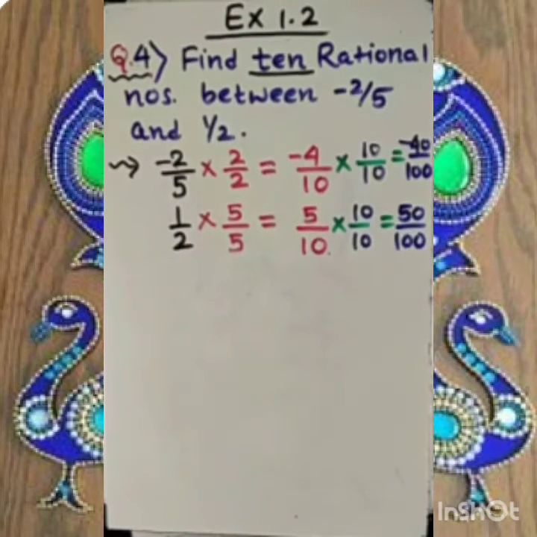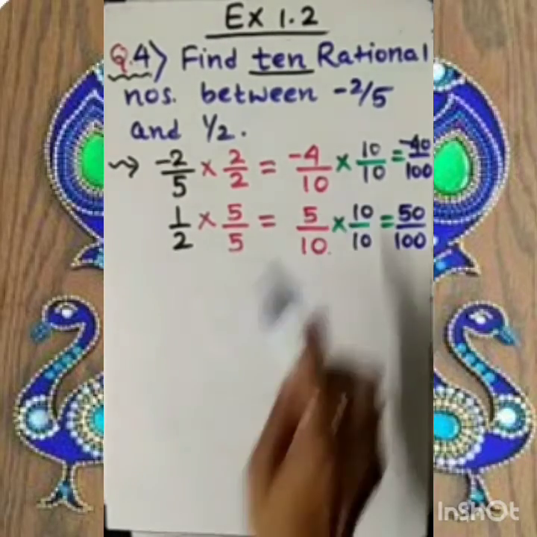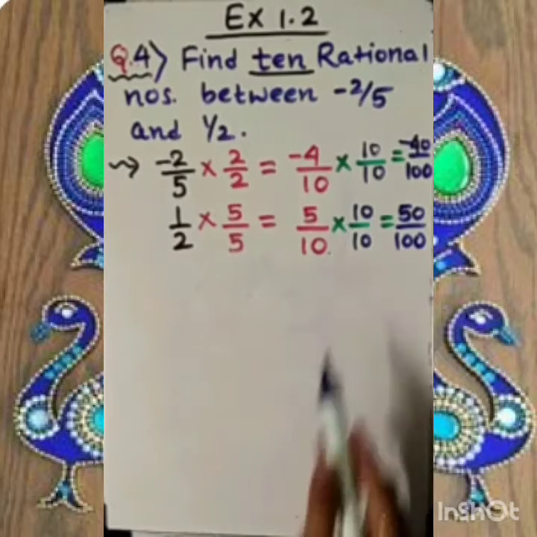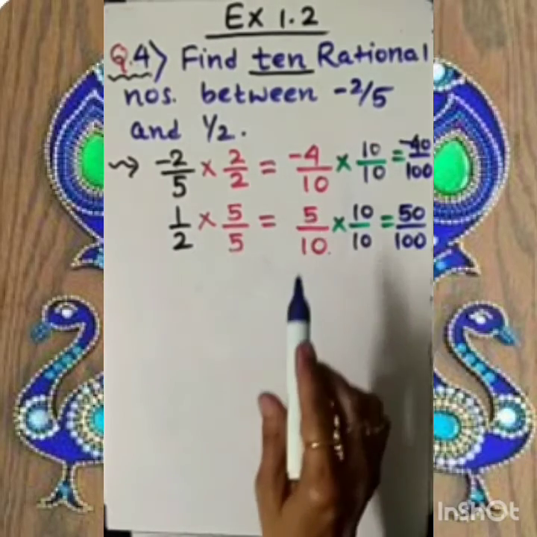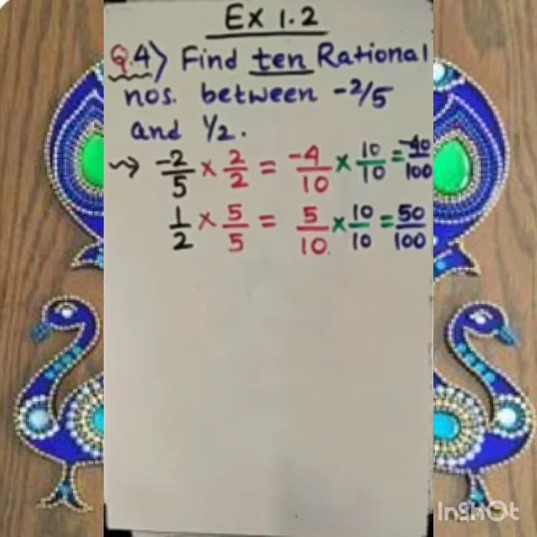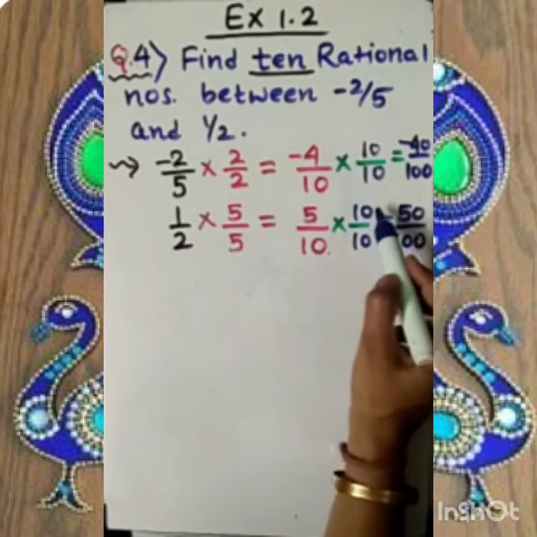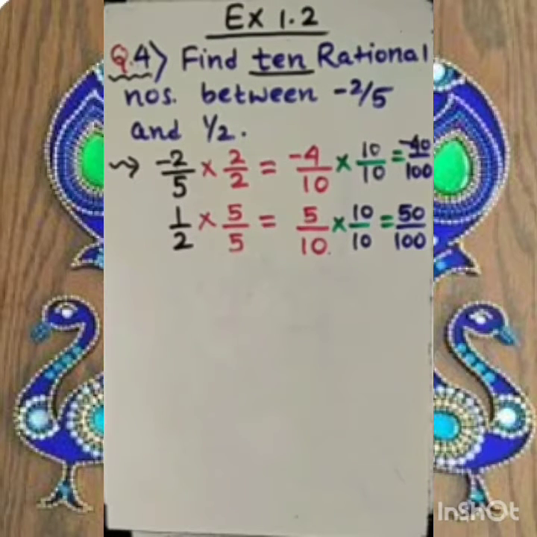Okay, actually, whatever the two numbers we are given, if we calculate according to that, then hardly we are gaining 8 numbers, right? But dear student, as I told you, there are infinite rational numbers between these two given numbers. And remember, these two numbers are the boundary. Don't include them. Fine. Now, one more thing will come in your mind: why ma'am are we multiplying and dividing with 10 only?